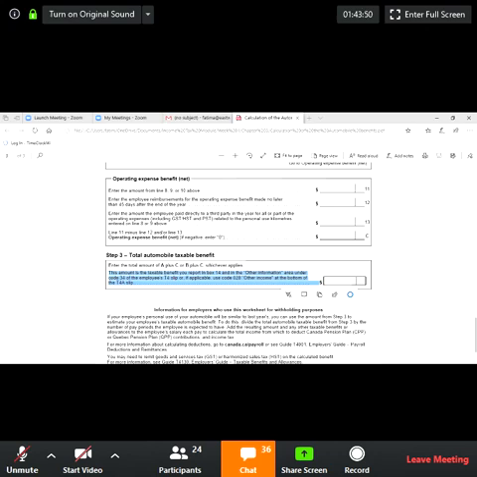Now, if you pay for or reimburse the cost of an employee's cell phone or internet at home to help carry out employment duties, the portion used for employment purposes is not a taxable benefit, as I mentioned, right? If part of the use of the cell phone or internet is personal, you have to include the value of personal use in your employee's income as a taxable benefit. So that will be mentioned in the T4.